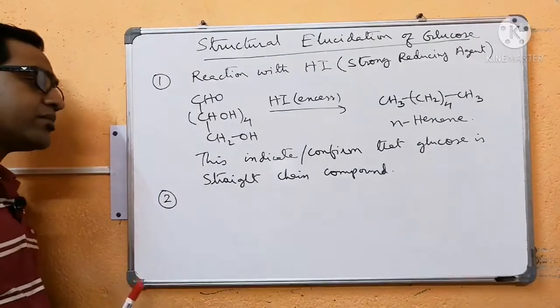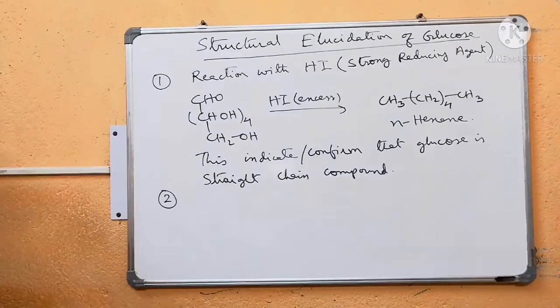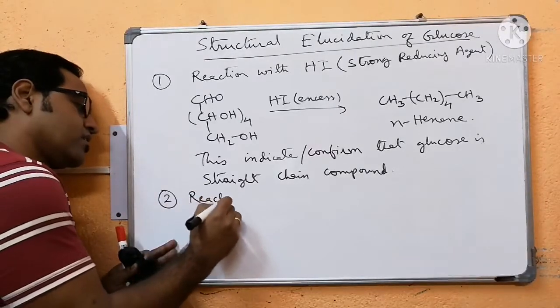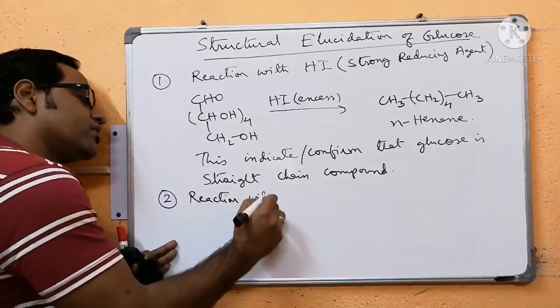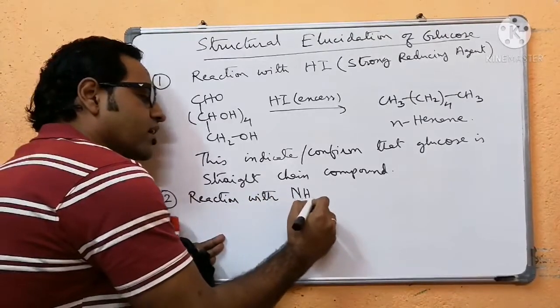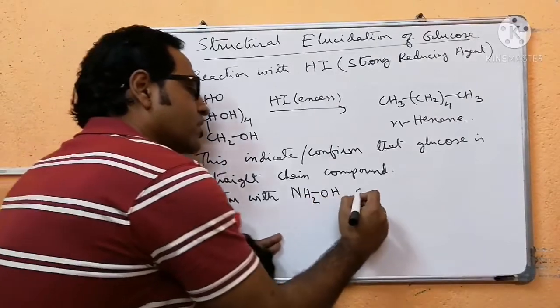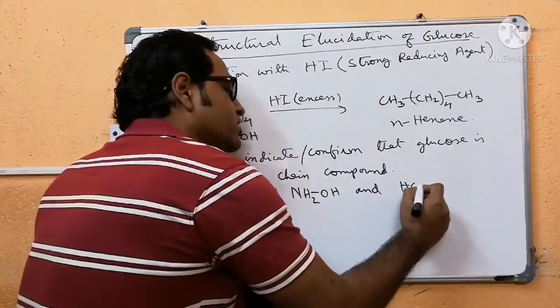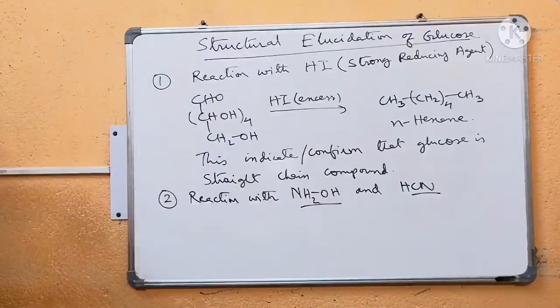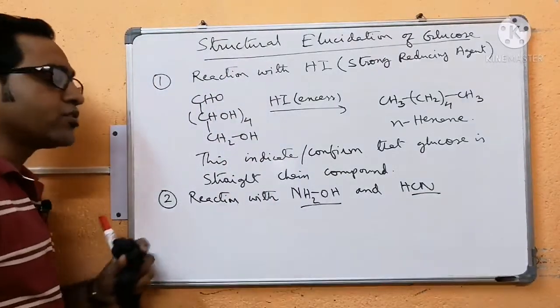Reaction with hydroxylamine and reaction with hydrogen cyanide. Reaction with hydroxylamine, that is NH2OH, and with hydrogen cyanide, HCN. So what happens when glucose is treated with hydroxylamine?